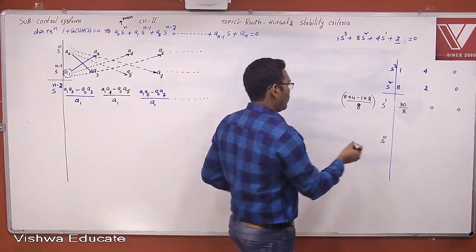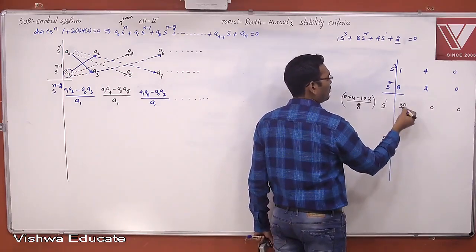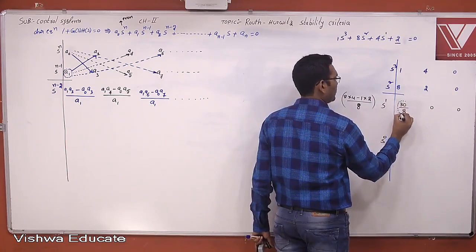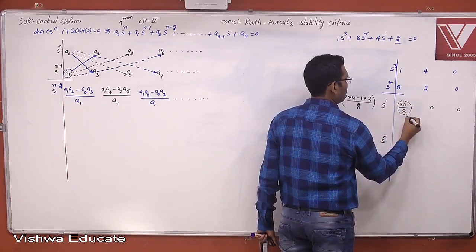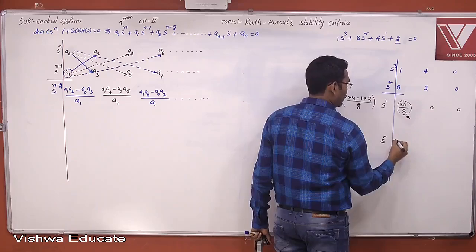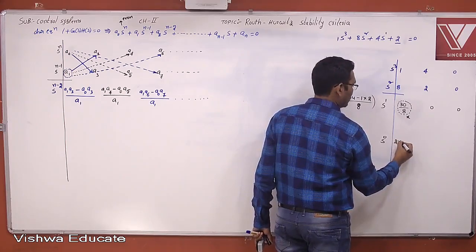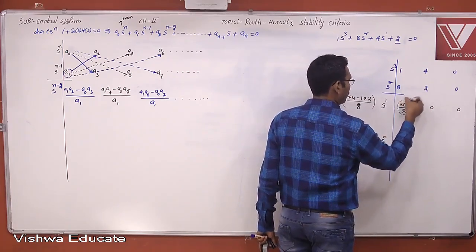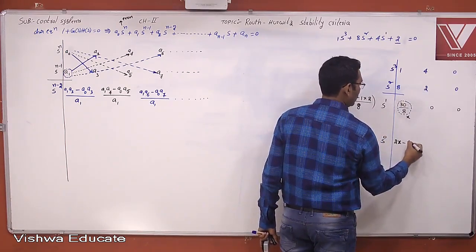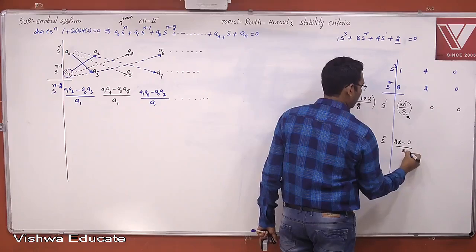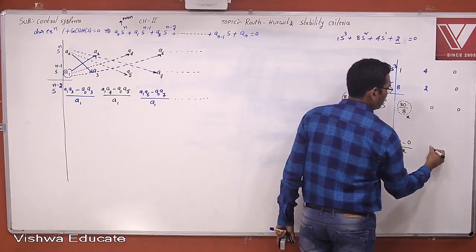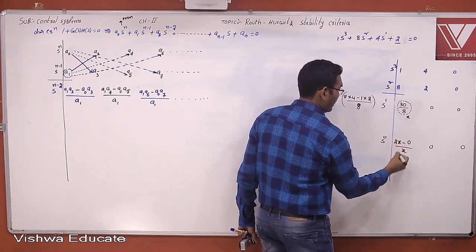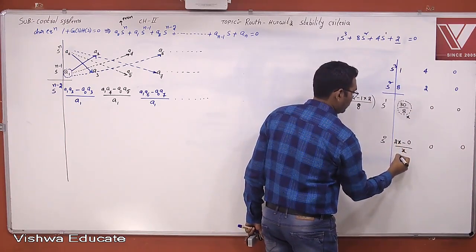Now for the S power 0 row, S power 1 is the reference, and this is the first element. Let us assume this is some x. Now x into 2, 2x, minus 8 into 0, 0, by x. So 0, 0. The x cancels, therefore this is nothing but 2.